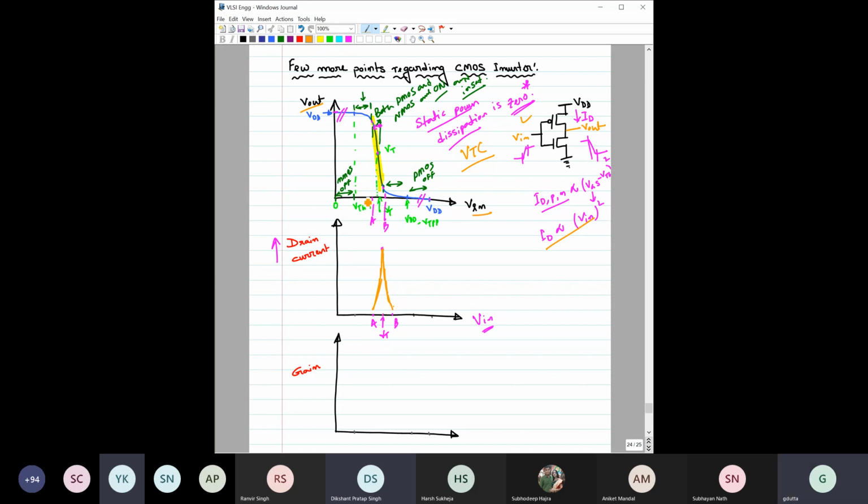Okay, what about in this region? It will decrease and go to 0. But in this region, what should be the shape? It will be mostly a straight line, because at least one of the transistors would be in the linear region, and in linear region it is basically a straight line equation, right?